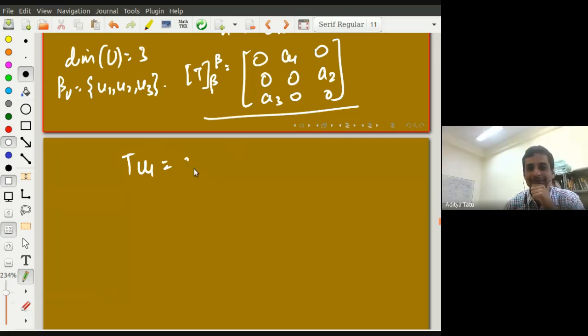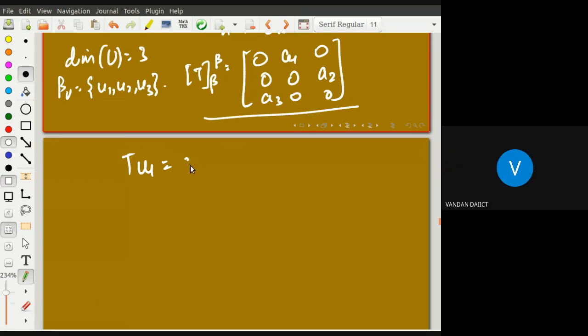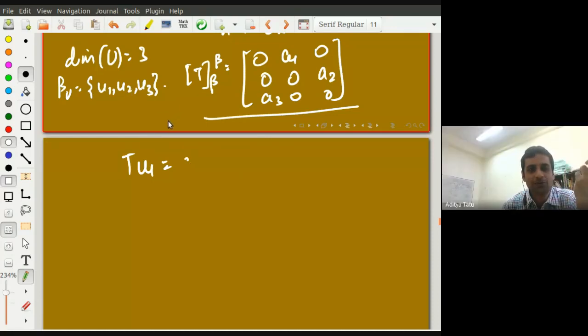No, what are the elements of U1? There are some vectors. I don't know, for example, this could be sine t, this could be cos t, this could be sine 2t. Why is that important? I'm asking you what is TU1.